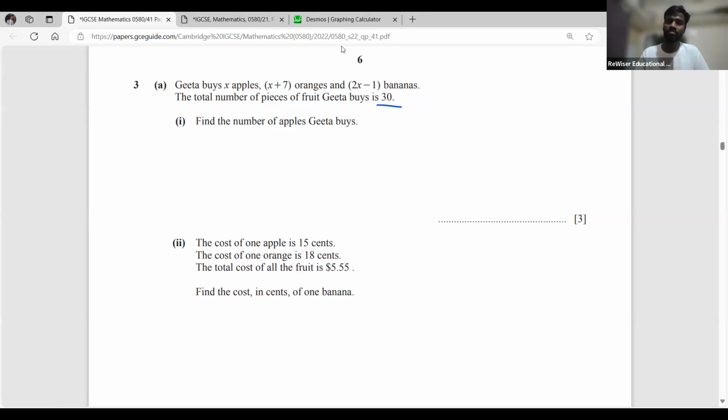So these are the number of apples, X plus 7 oranges and 2X minus 1 bananas. The total number of pieces of fruit is 30. So that means it's X plus X plus 7 plus 2X minus 1, the apples plus the oranges plus the bananas, and this is equal to 30.